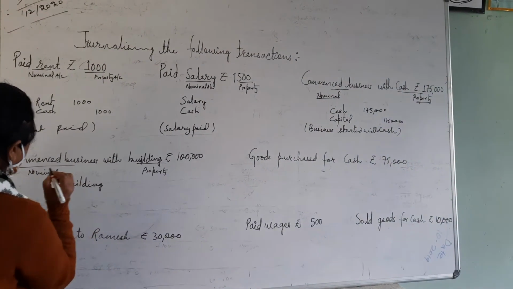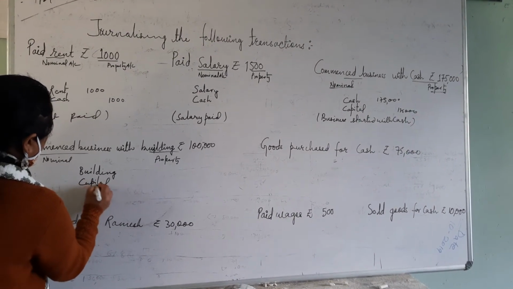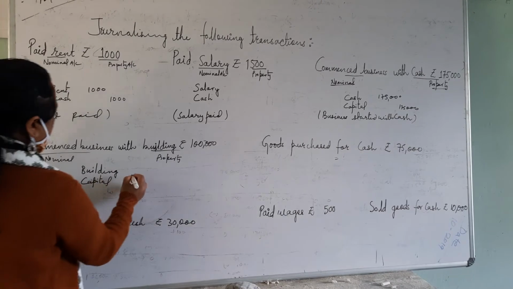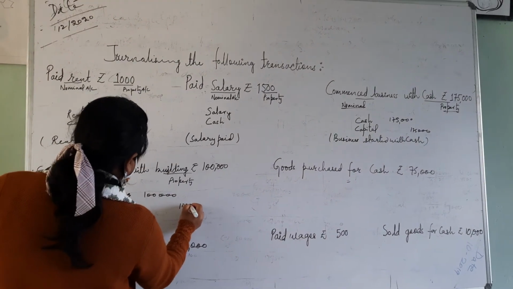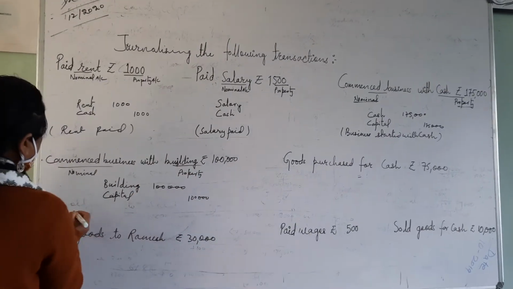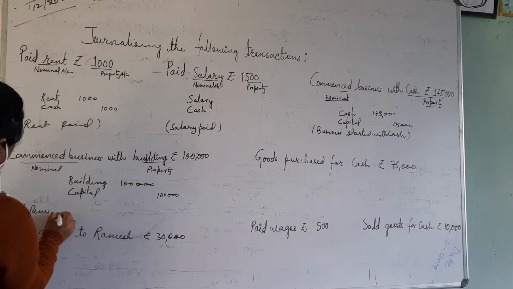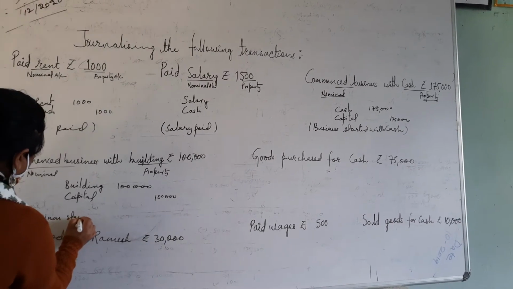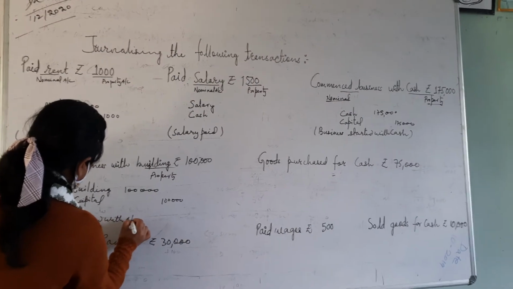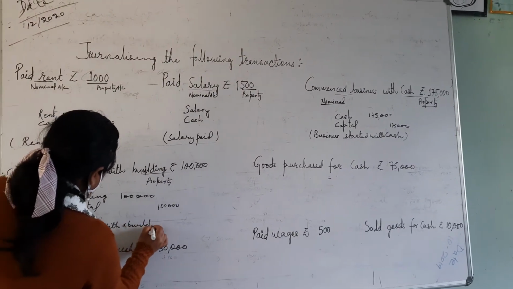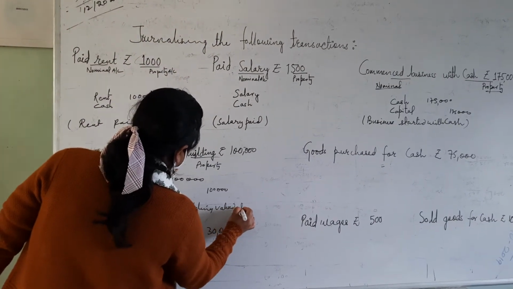So what will be in the second line? Capital. Now what is the amount? 1 lakh. So business started with a building valued at 1 lakh.